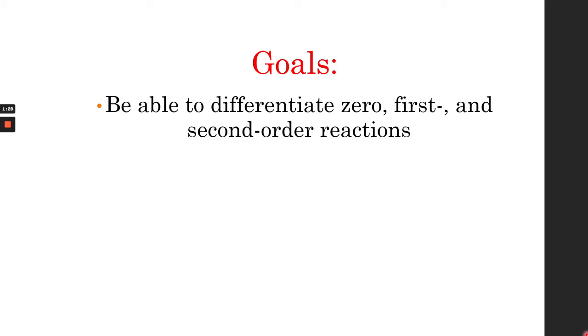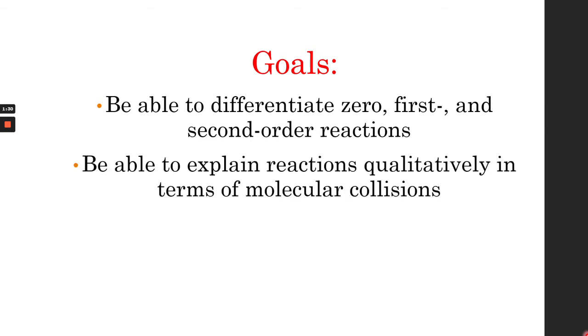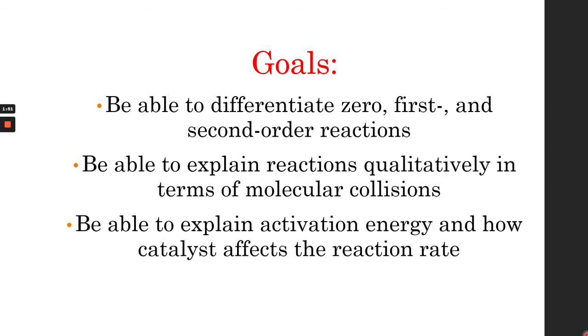Also, we want to be able to explain reactions qualitatively in terms of molecular collisions. So far, we've done this. We've discussed how collisions affect the rate of the reaction and how the reaction proceeds by the molecules or atoms colliding. Also, we want to be able to explain the activation energy.